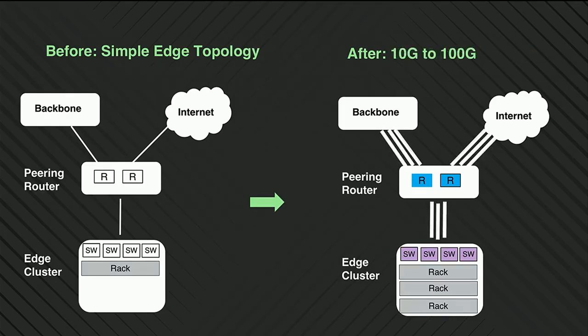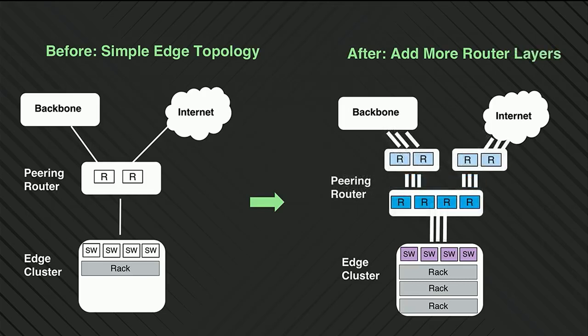And if adding more links does not help, then we can upgrade our links from traditional slow 10 gig to high 100 gig. For redundancy and capacity requirement, we can also add more routers. And if in some region the traffic really grows, requiring our edge network to process a lot of video content, then we can add more complicated router layers that can provide more powerful computing and routing capability.